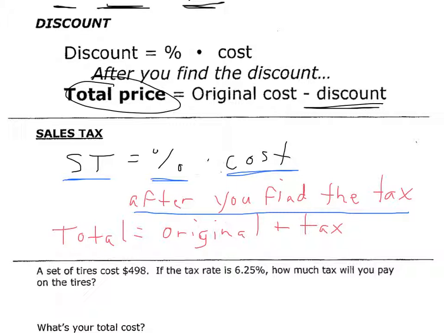You know that when you pay taxes, you pay more, not less. So this time when you find your sales tax, you take the original price of the item, and then you add in the tax. It's almost the same, except you're going to add your final result instead of subtracting like with discounts.